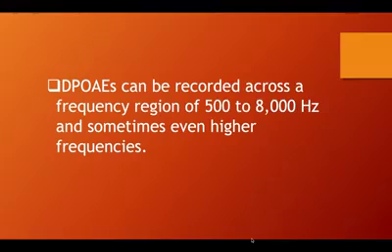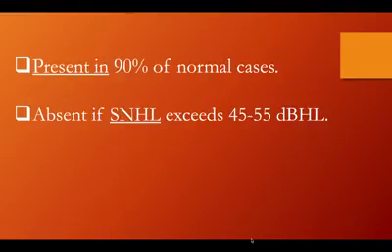They can be recorded across a frequency region of 500 Hz up to 8 kHz, and sometimes even higher frequencies. They are present in 90% of normal cases and absent if sensory hearing loss exceeds 45 to 55 decibel HL.